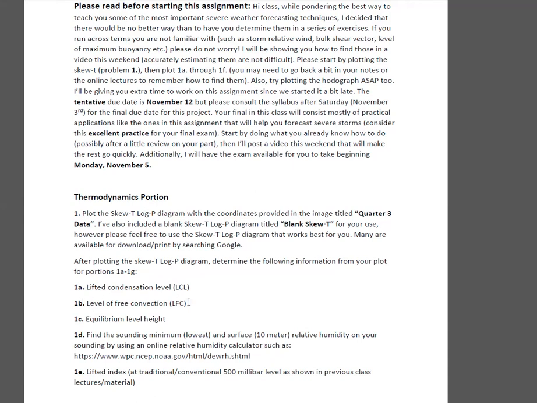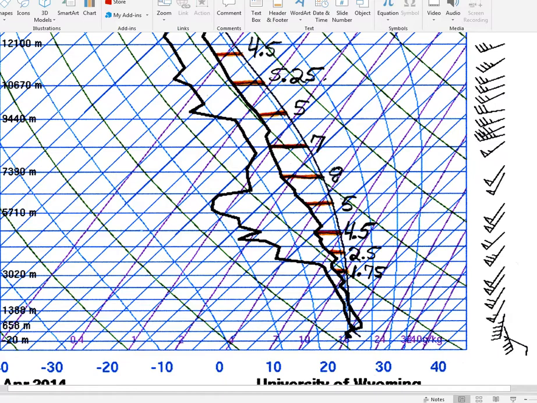Now from the LCL, you ascend the moist adiabat, because remember, below the LCL height the parcel is not saturated. Once you go above the LCL height, you're rising moist adiabatically, or wet adiabatically, so you have a saturated parcel, and you'll follow one of these blue lines or parallel to it.